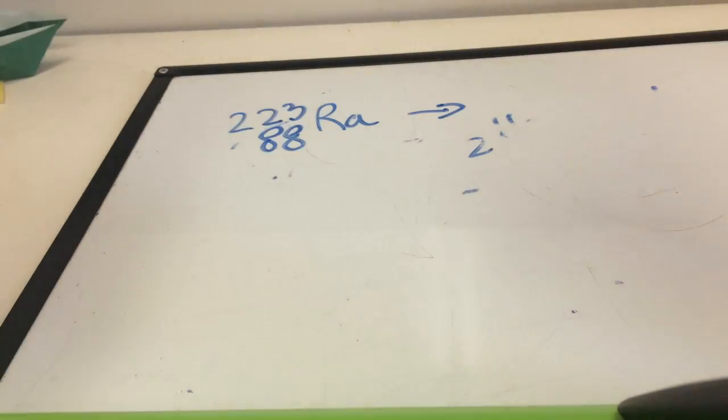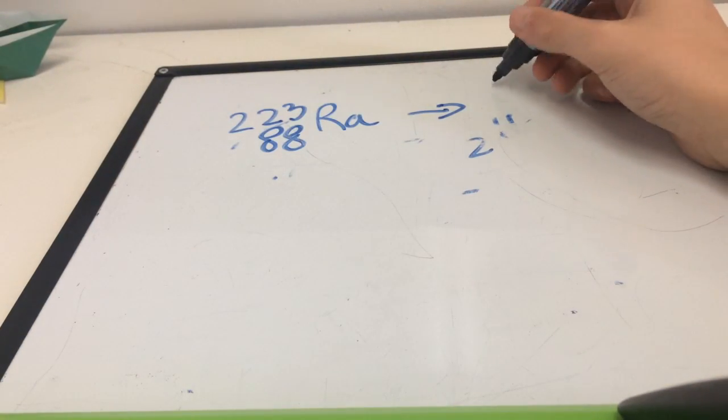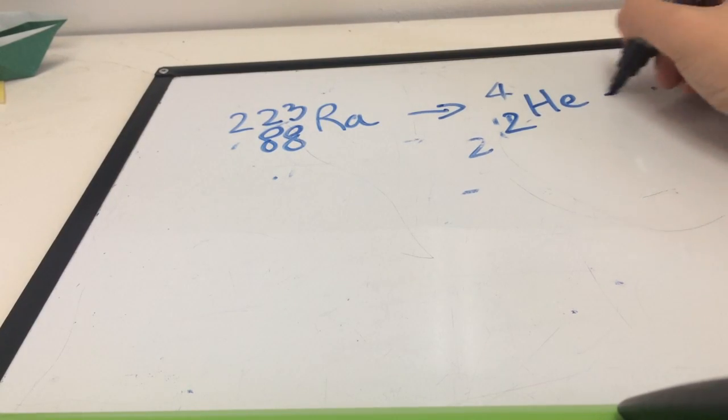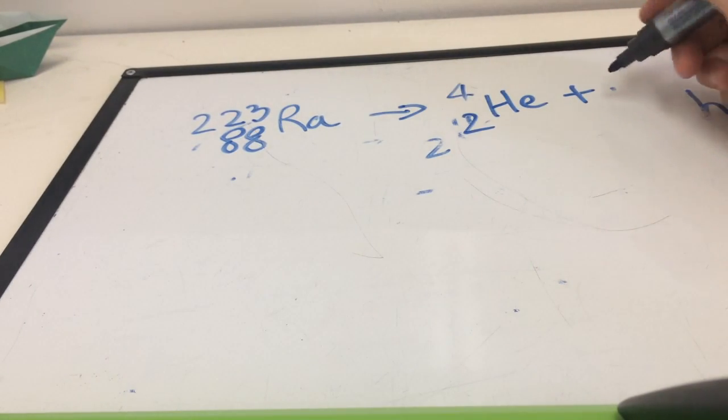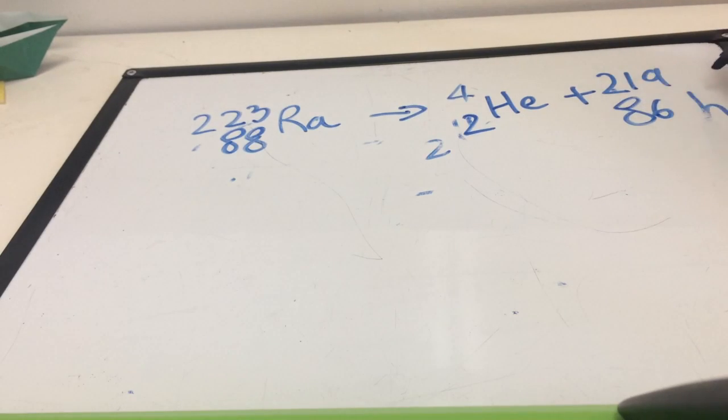Radon 223, 86, 135. Hang on, no, that's the number of neutrons. So that's the number of protons and neutrons. You always want that atomic mass, the protons and neutrons. And it says alpha. So what we can do here is write 4/2 He, or alpha, whatever you want to write it. Then we balance the sides, so it's going to be 86 and 219.